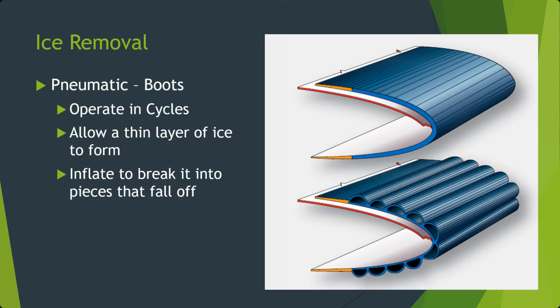One of the risks is if they cycle too quickly, before the ice is thick enough to fracture, they can push the ice up and create a shell at the inflation point, and you get something called ice bridging. Then the boots will end up inflating and deflating underneath the ice and never fracture it off. So running them too often, if the cycles are too short, can actually be detrimental compared to allowing a certain amount of ice to build up so that it can be fractured off.